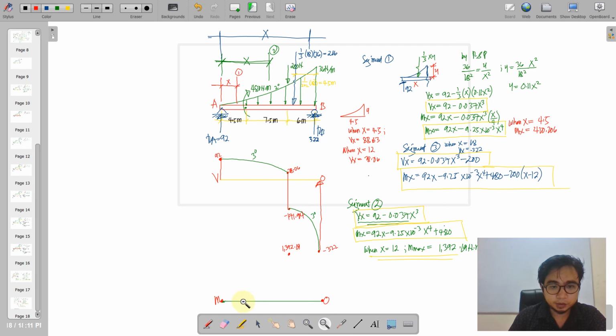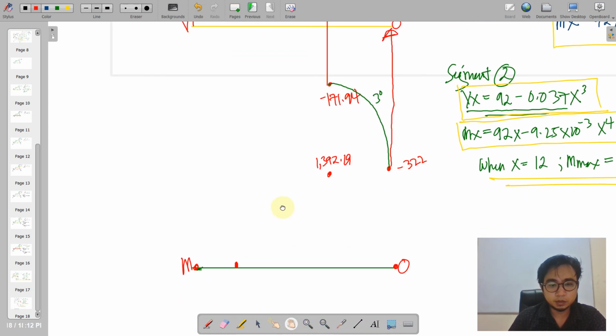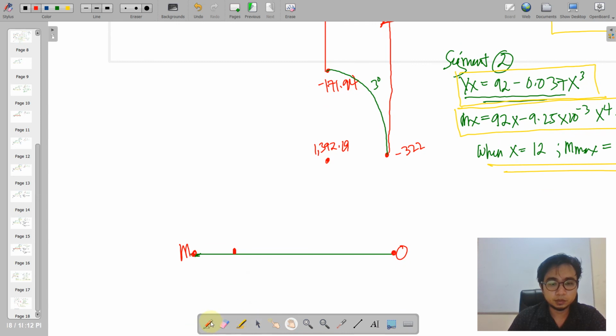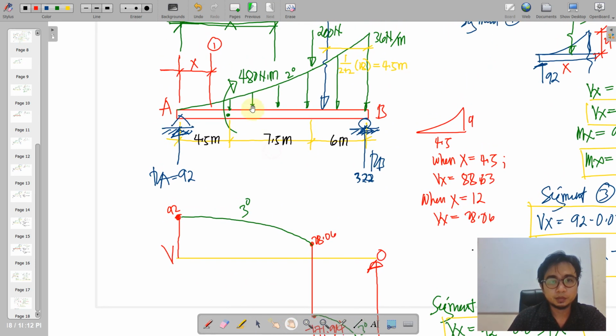So here it is at this point. From 0 to 4.5, we reflect 410.206.